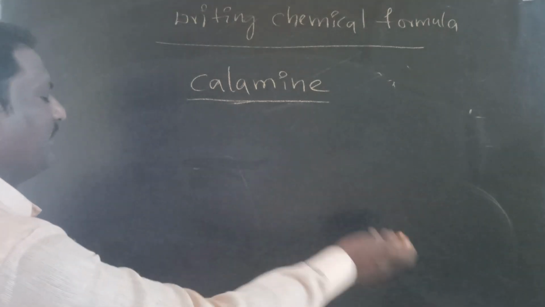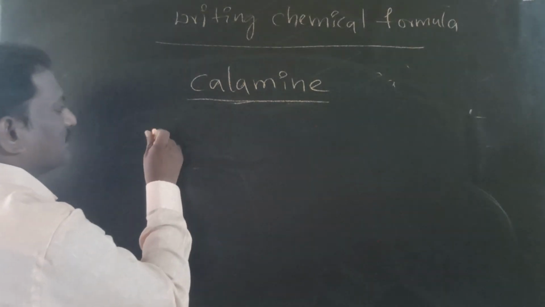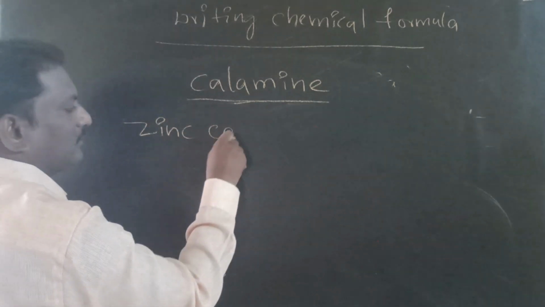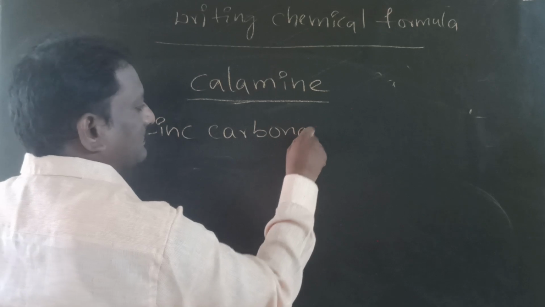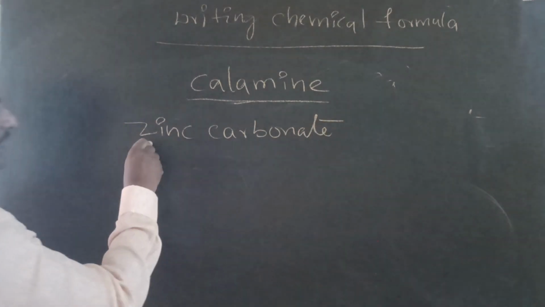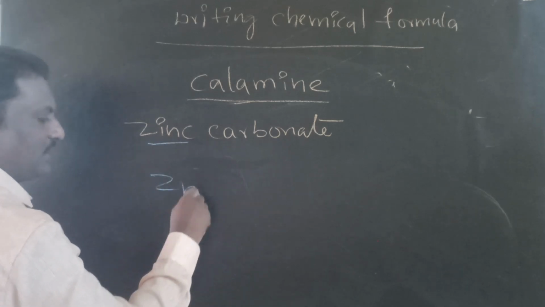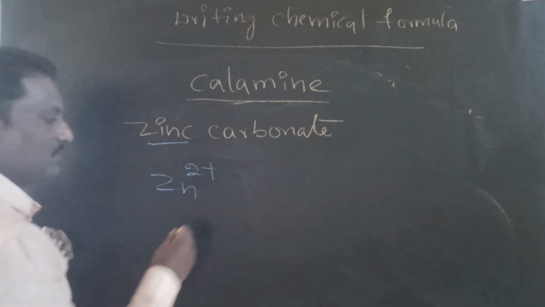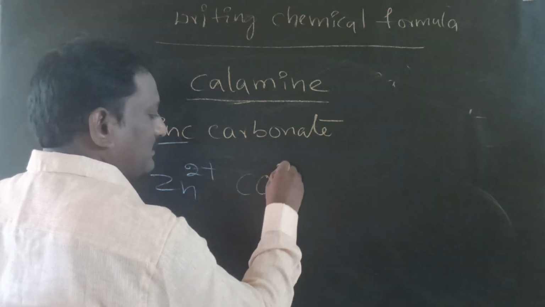So the chemical name of calamine is zinc carbonate. The zinc ion formula is Zn2+ and the carbonate ion formula is CO3 2-.